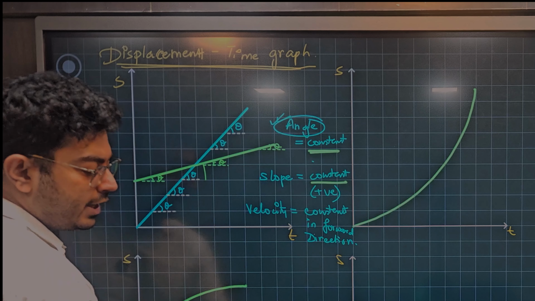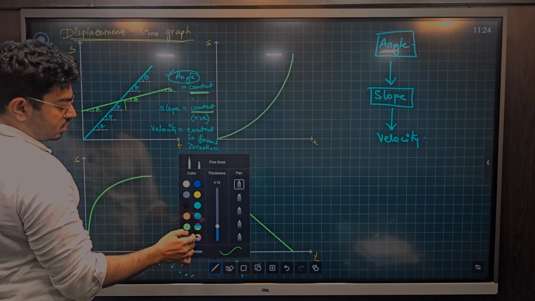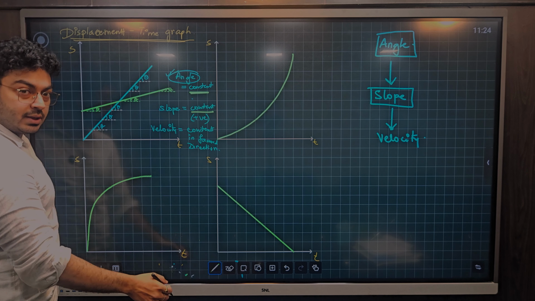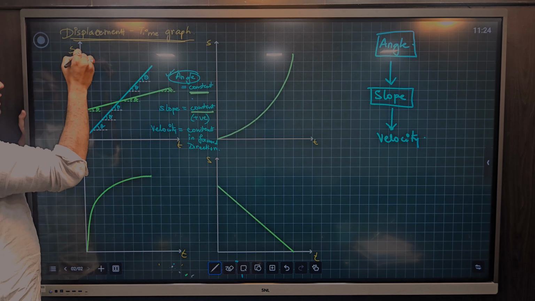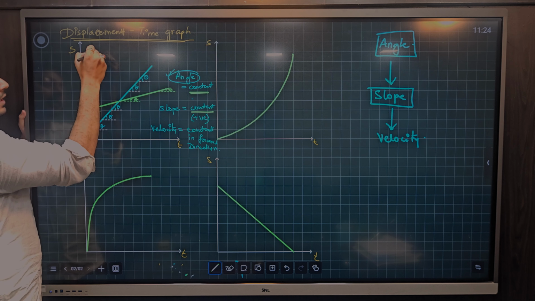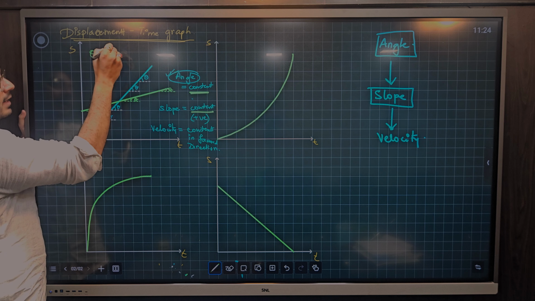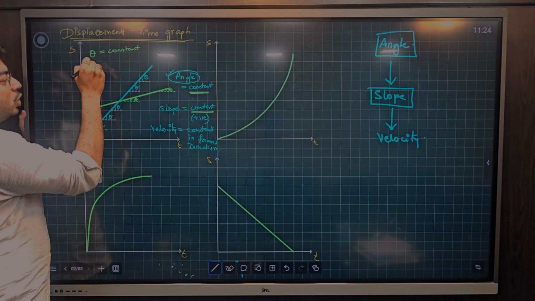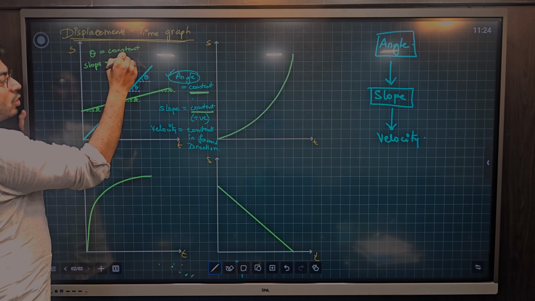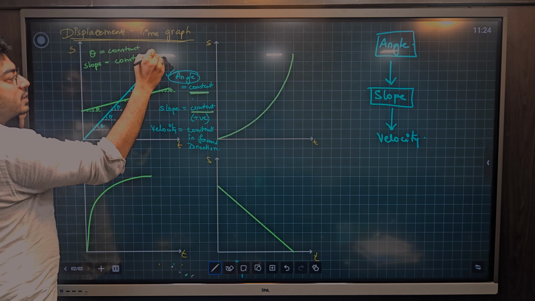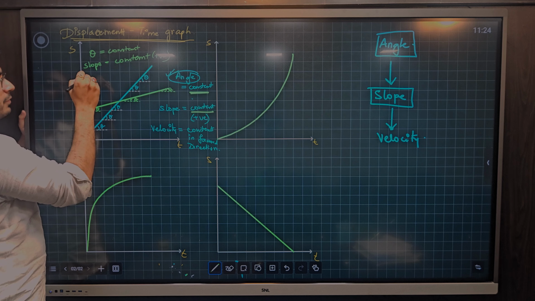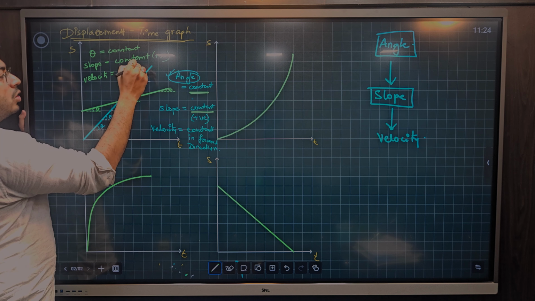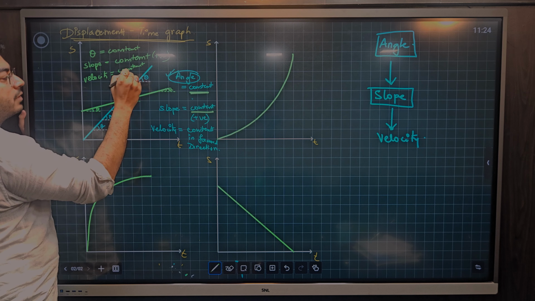So you can see here for the green one also, the angle is constant. So we are going to write here for green, theta is equal to constant, where theta means angle. That means slope is constant, but it is positive. So that means velocity is also constant and positive.